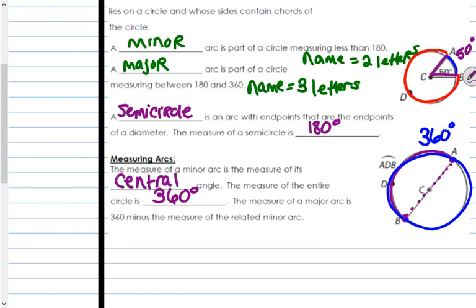So we already know that AB is 50 degrees. Well, I can find arc ADB, that red, by doing 360 minus 50. So the red arc ADB is 310 degrees. 310 plus 50 is 360 degrees.